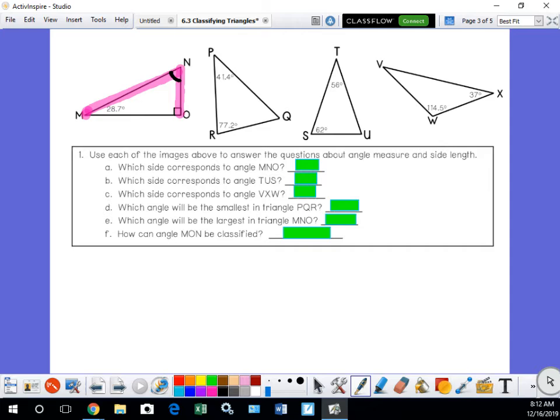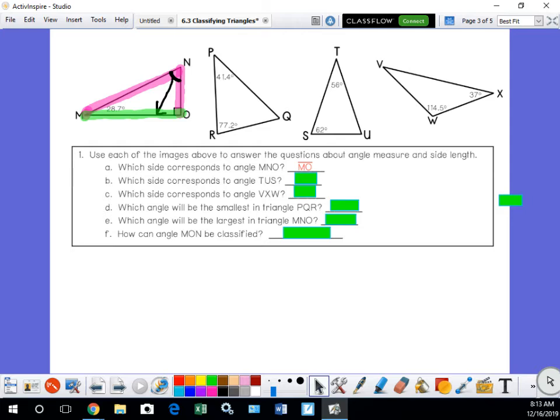So if we want to know which side length corresponds with that, we have to go straight across from it. So straight across would be this side length right here. And the side length would be labeled MO with a line over it saying that that's a side length.